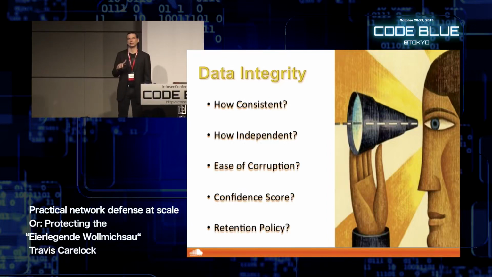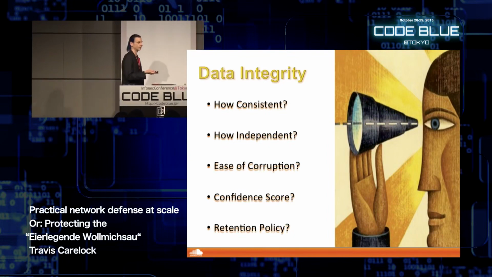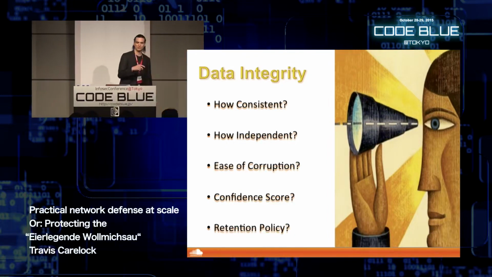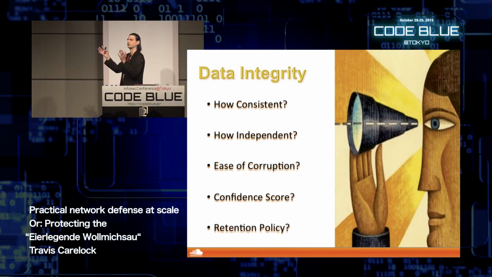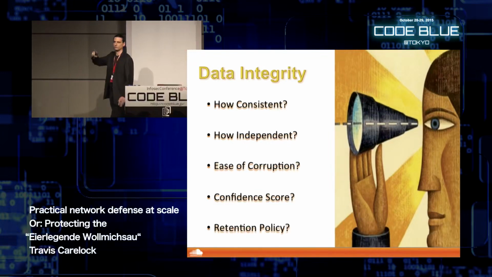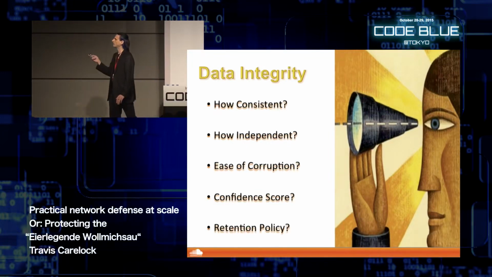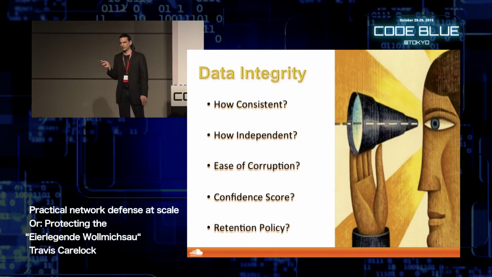And by how independent, I mean, when you talk about a compromised system, say a node might be compromised, the logs you're going to get from that node are not very independent, but maybe the logs from the networking infrastructure around it would be. How easy is it to corrupt these logs, either in transit or in storage?